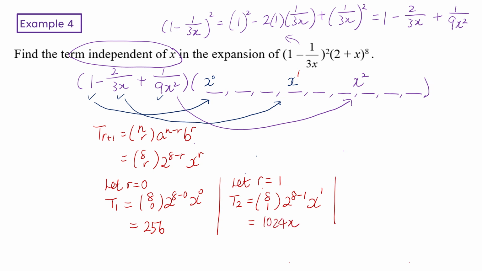And then the last one is when I let r equal 2, that would be my third term. So that will be 1792x squared. Right, so this is all I need.